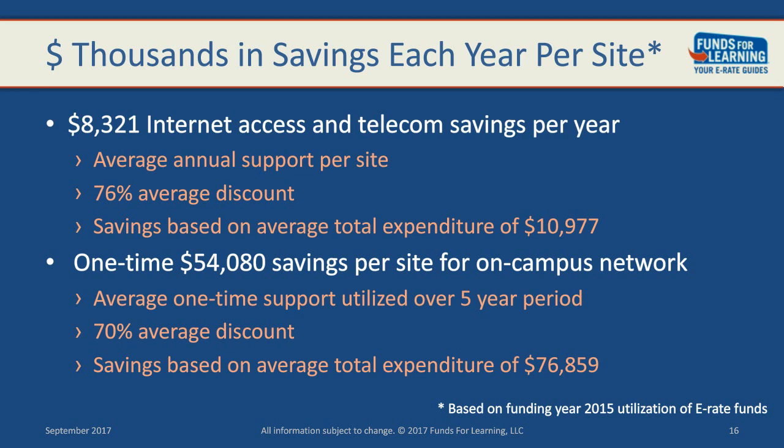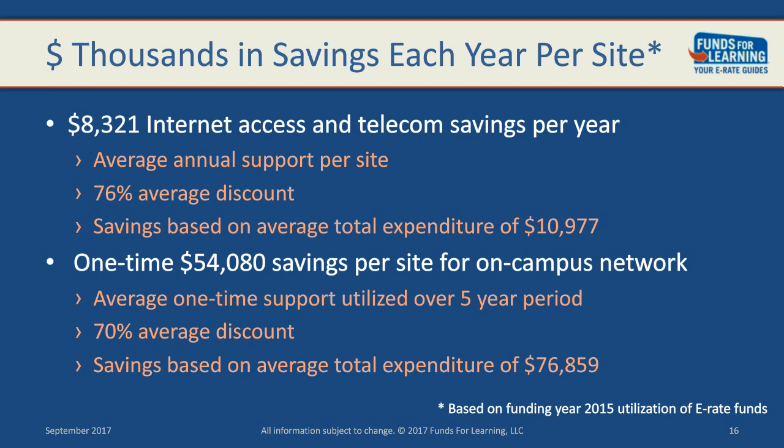That's an average of about a 76% discount on their bills, for a total of just shy of $11,000. So on average, nationwide in 2015, each site that participated in the program was spending about $11,000 for telecommunications and internet access and getting about an $8,300 discount on that bill.